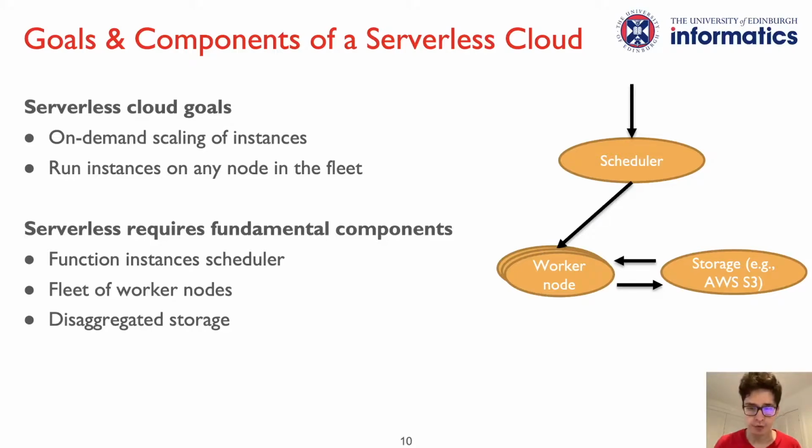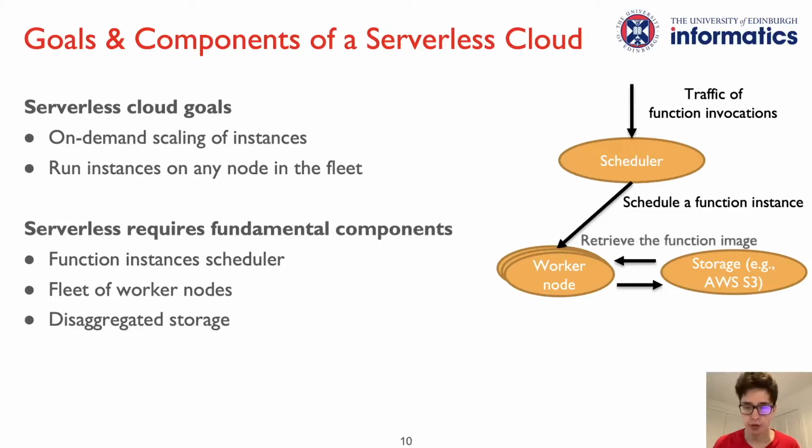clouds feature the following fundamental components, all of them, namely the cluster scheduler that is on the way of all incoming invocations, selecting or spawning the appropriate instance for each function invocation if necessary. The fleet of the worker nodes where function instances can run, and the storage that holds the initialization state.